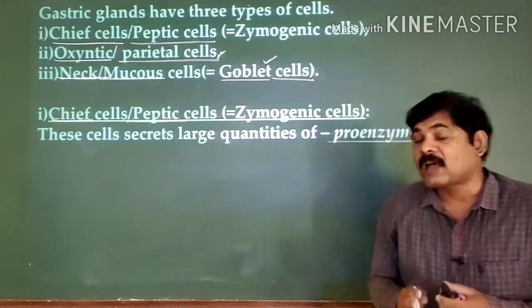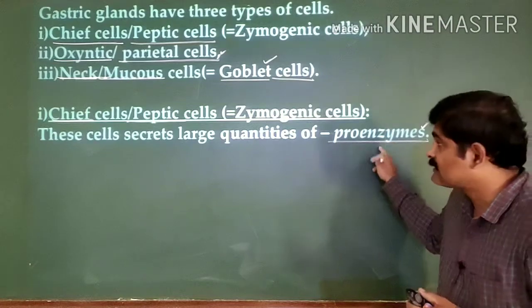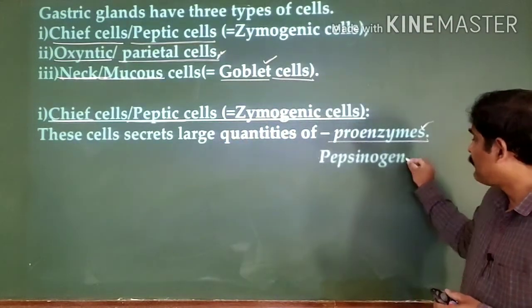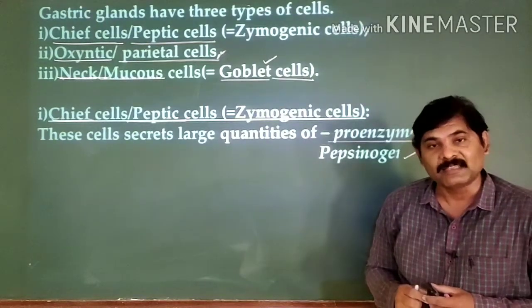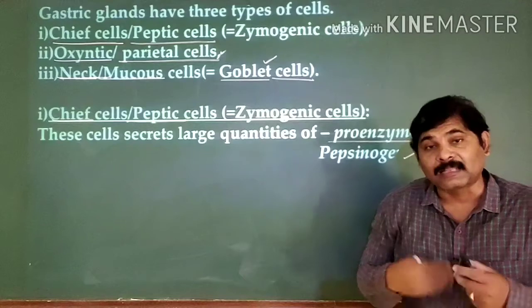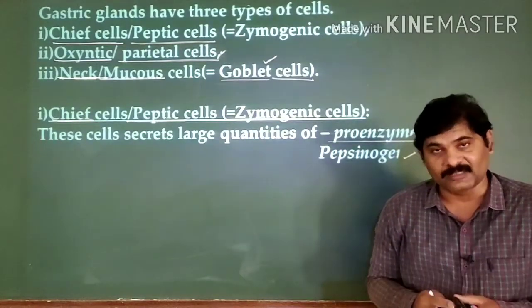An example of the proenzymes secreted by the chief or peptic cells is pepsinogen, an inactive enzyme. Later on it gets transformed into pepsin, which is an active enzyme.